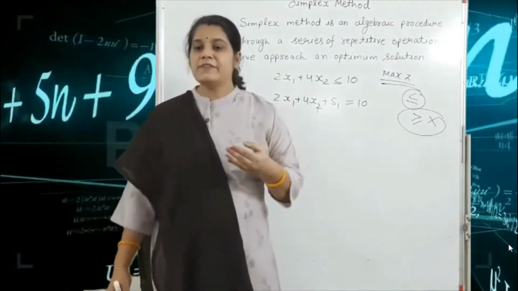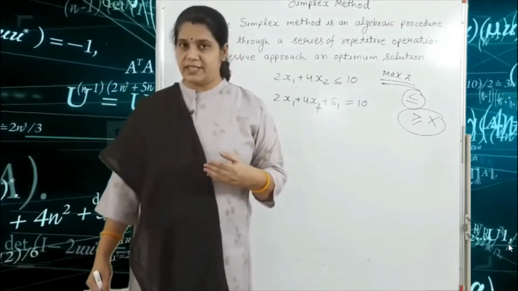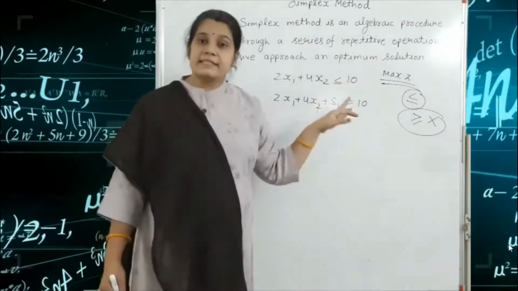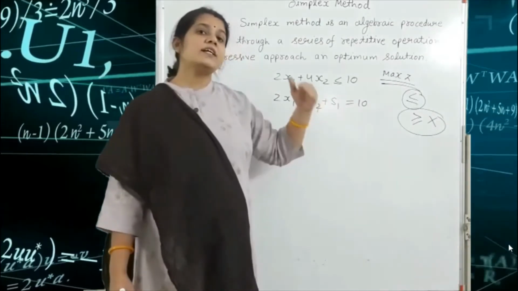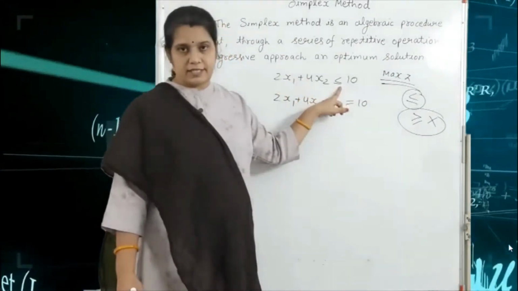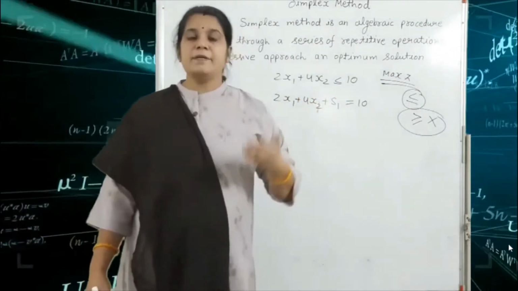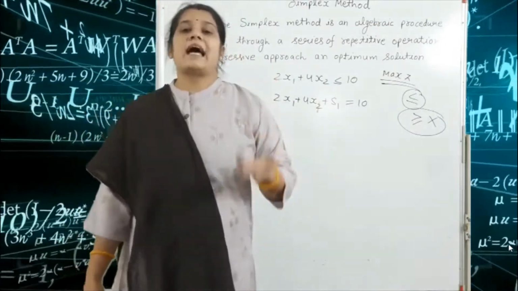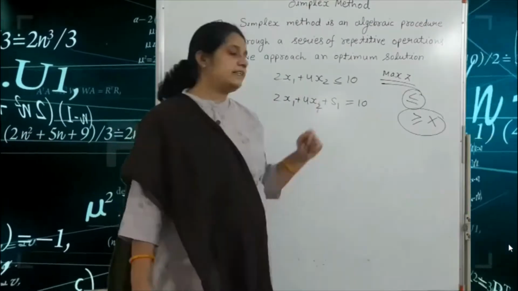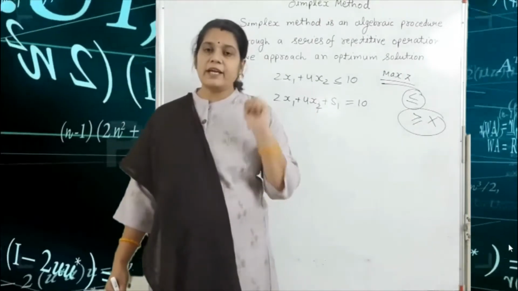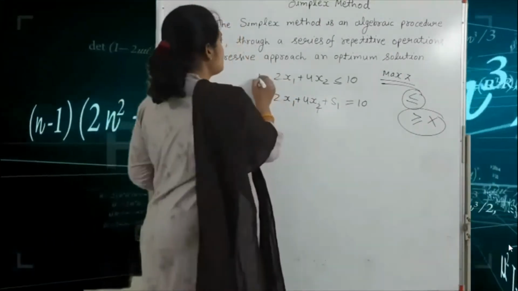If our constraint is given in the less than or equal to type, we convert the inequality to the equal to type by adding the slack variable. For example, this is our first equation.